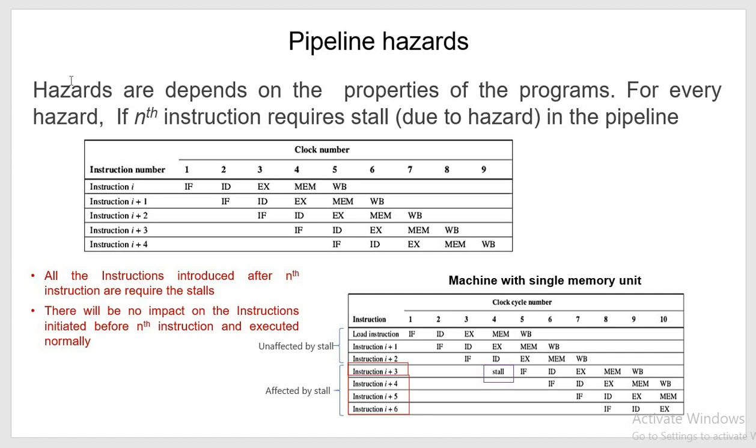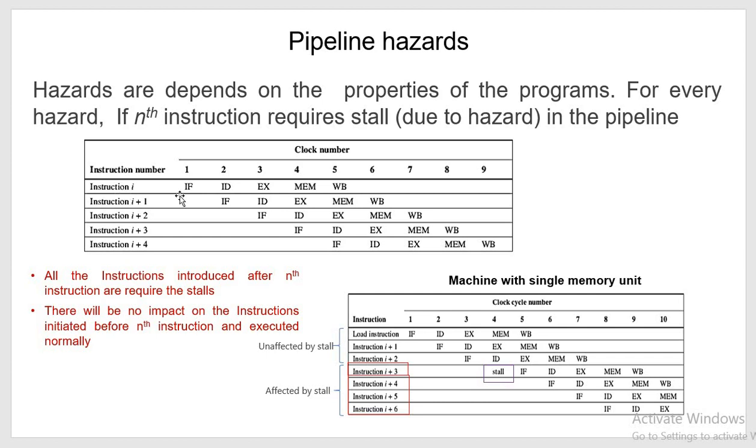So what will happen whenever there is a hazard for any nth instruction, say? Let's suppose these are the different instructions which the processor will have to execute: I plus 1, I plus 2, I plus 3 and I plus 4, and these are the clock cycles, cycle number 1, 2, 3, 4, 5 and so on.